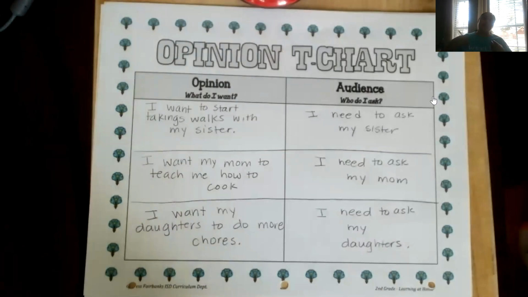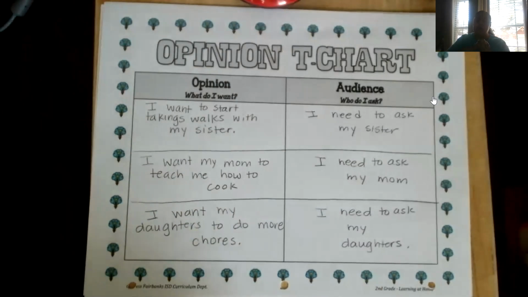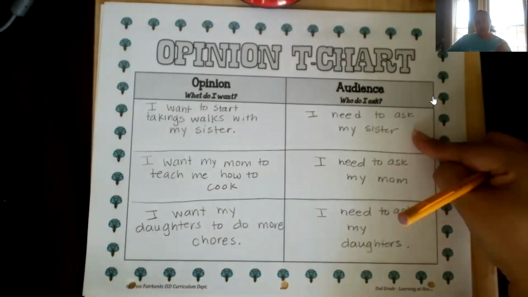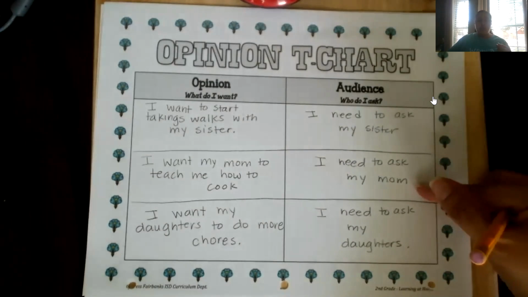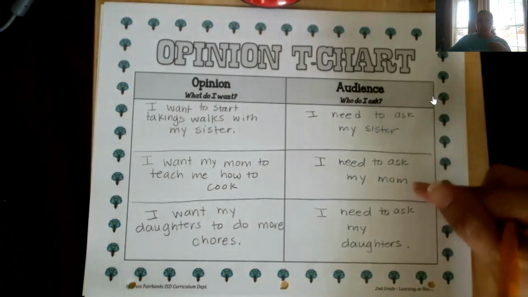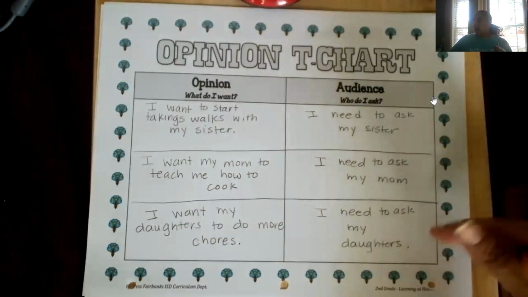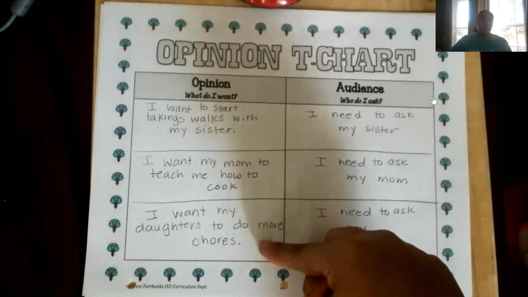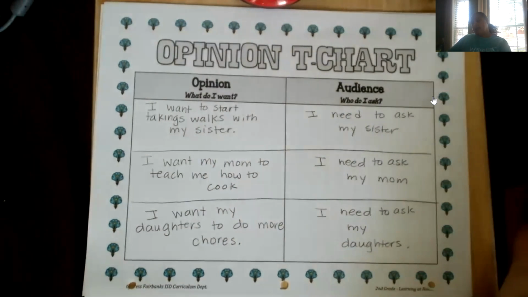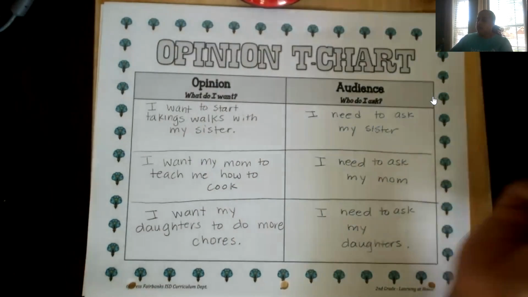Okay, so these are the 3 ideas I have. I am going to pick one to write a letter to. I can choose to write a letter to my sister, asking her to start walking with me. I can choose to write a letter to my mom, asking her to teach me how to cook. I can write a letter to my daughters, asking them to help me do more chores around the house. So I was thinking, and one of the things that I really, really need to work on is walking and getting some exercise.